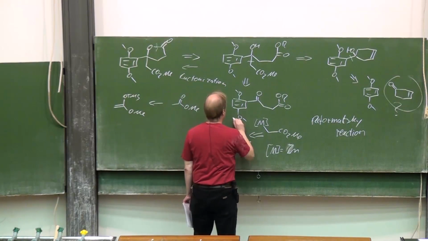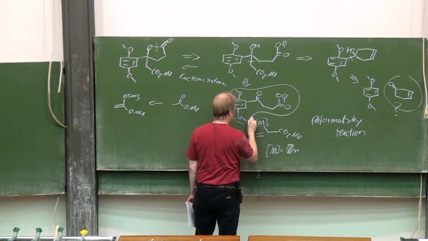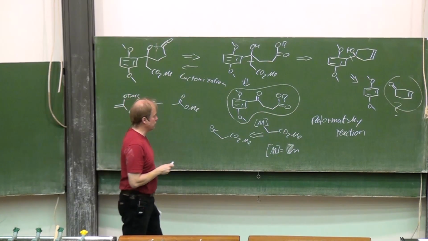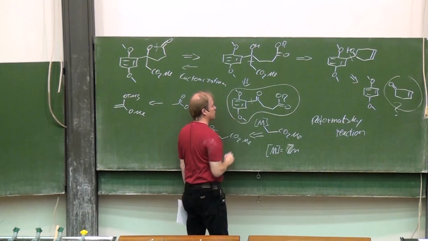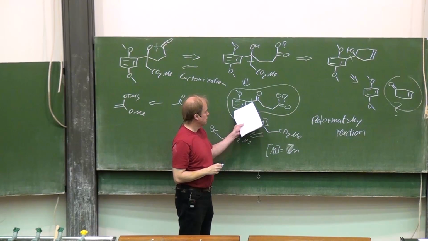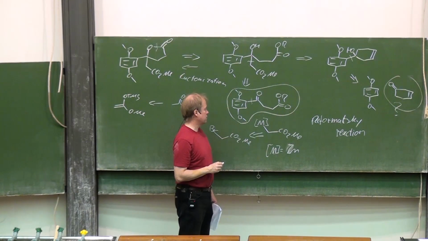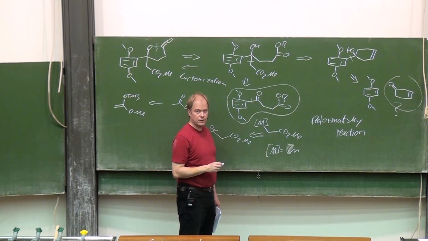So what we should clarify now is how do we get to this structure? Okay, here we would disconnect in our retrosynthetic analysis. I think it's not necessary that I write that down.